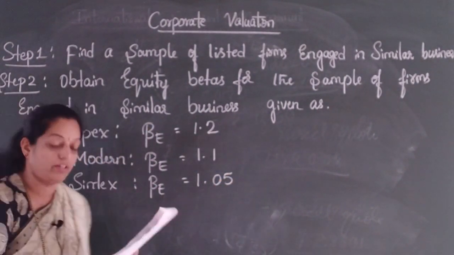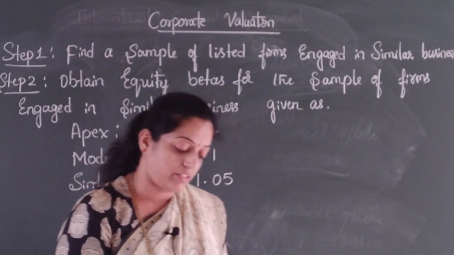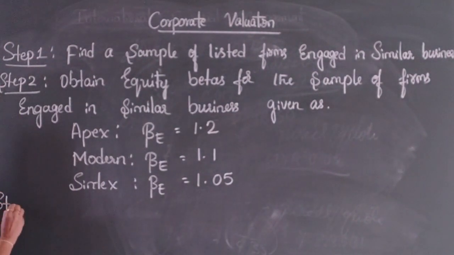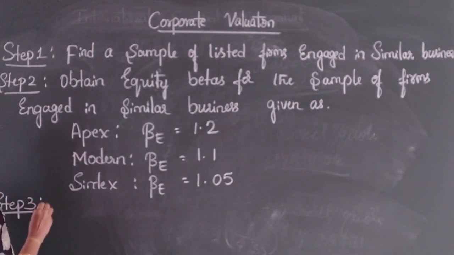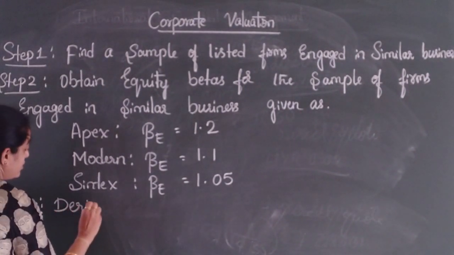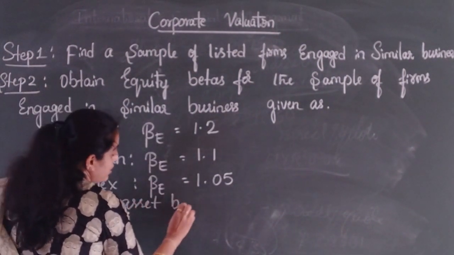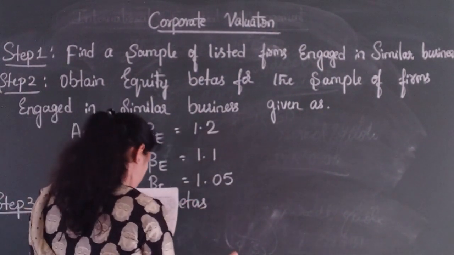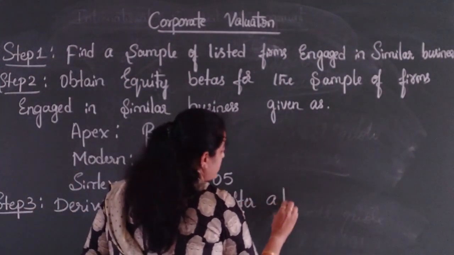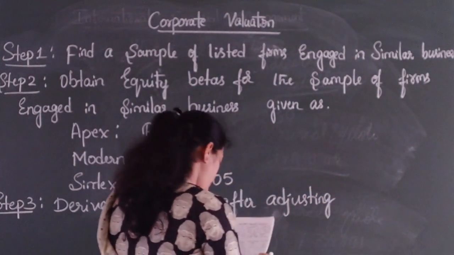Step 3 is to derive the asset betas after adjusting equity betas.